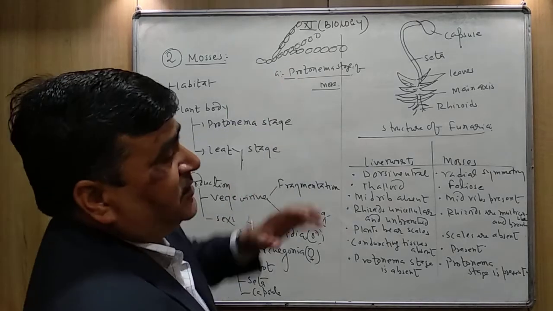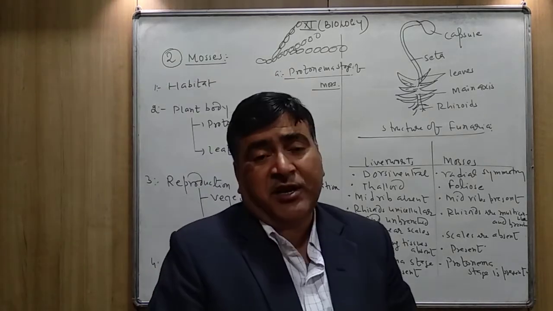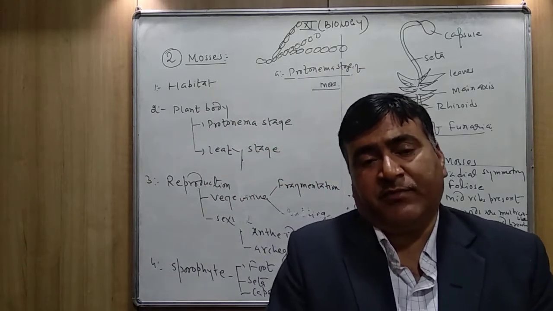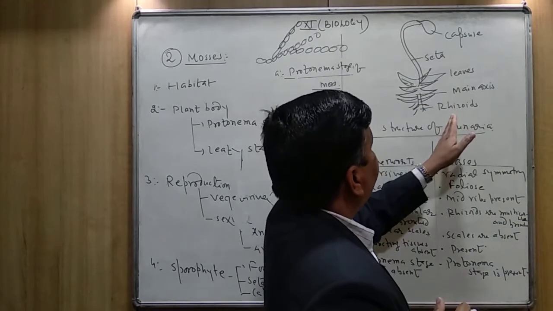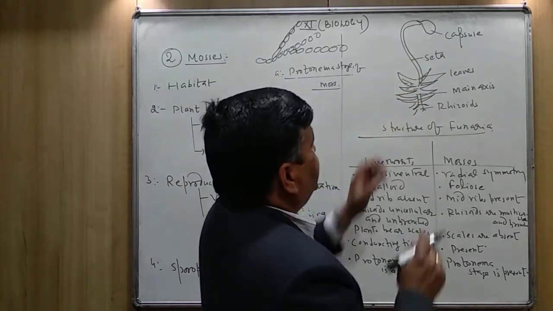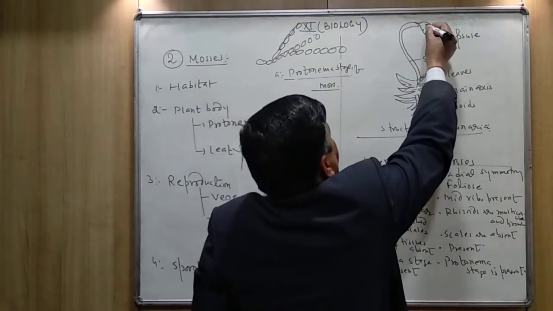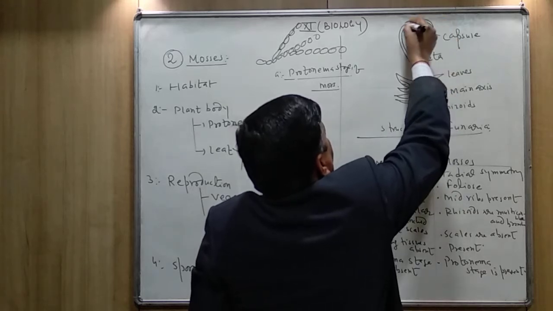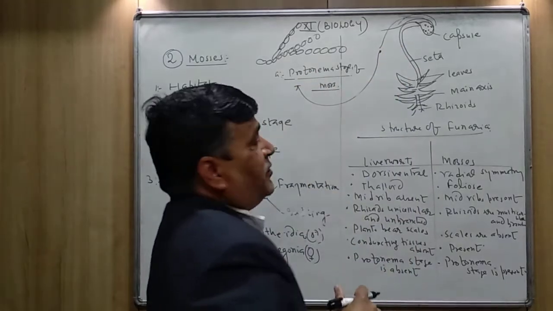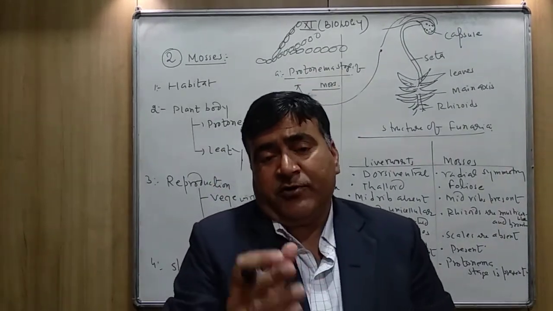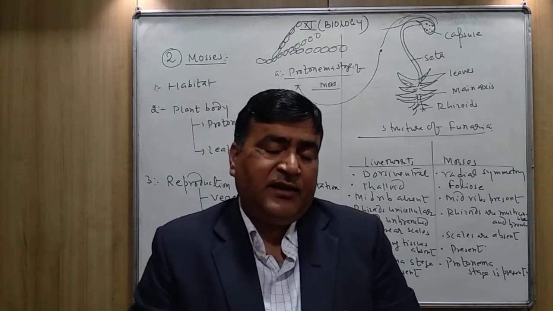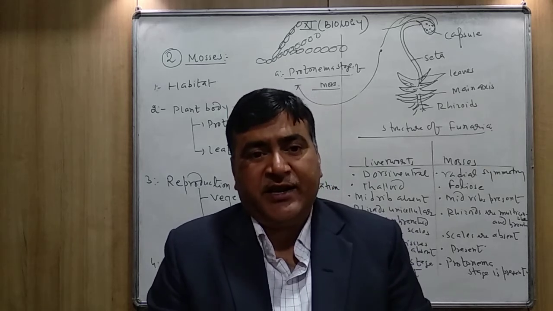The protonema stage is filamentous, and it is produced by the spores which come from the capsule. I will teach you about the leafy stage. The capsule produces so many spores, and when the spores come outside, each spore can produce a protonema stage. The protonema stage is present for a short duration, and it is thalloid in nature.